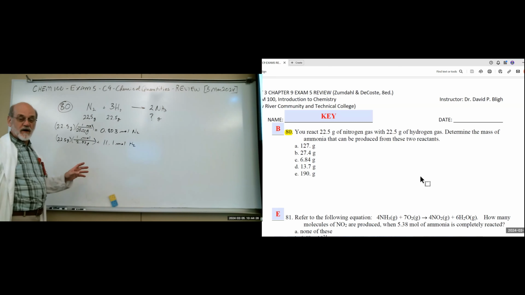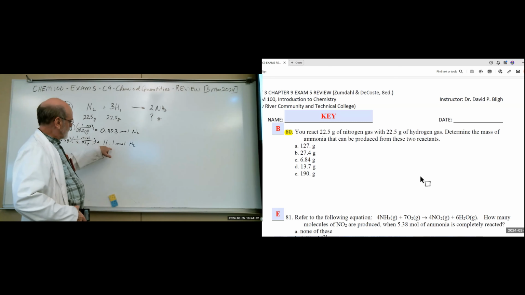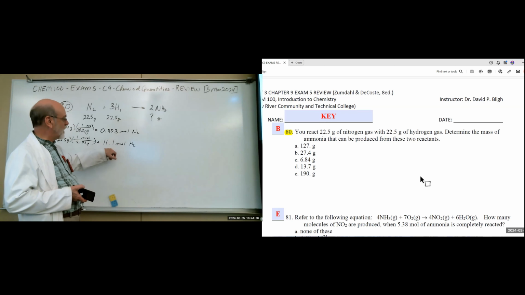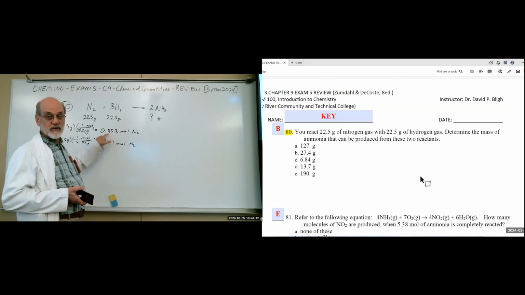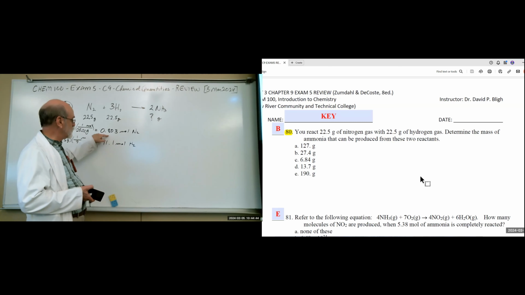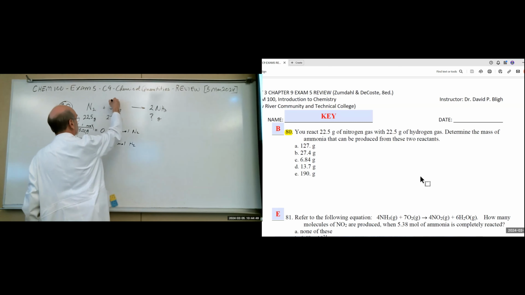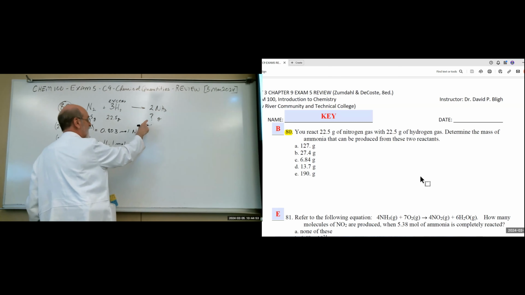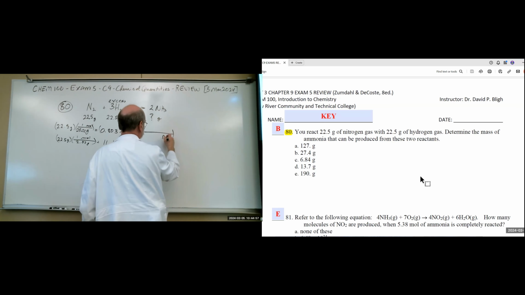All right, we can tell right off which one is limiting, because 1/3 of this is about 3.5, which is way more than you need for one of those. If this is 1, then 3 times that is 2.4, and that's excess. So this is excess.